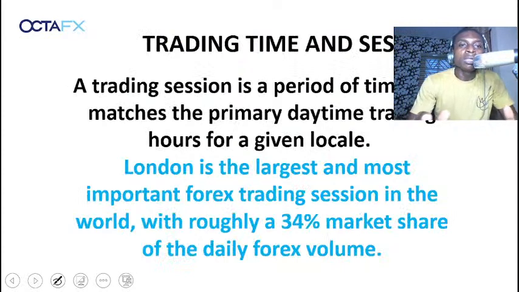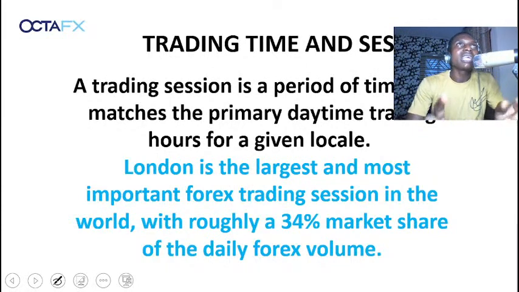Now, a trading session is a period of time that matches the primary daytime trading hours for a given location. London is the largest and most important trading session.